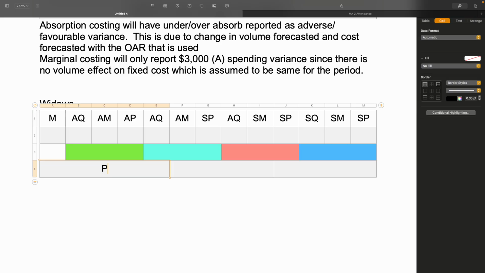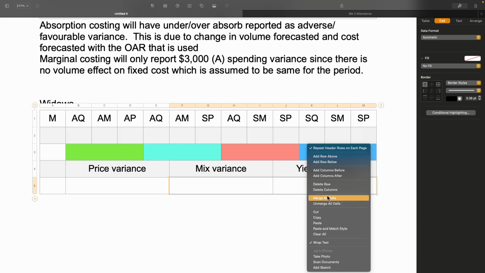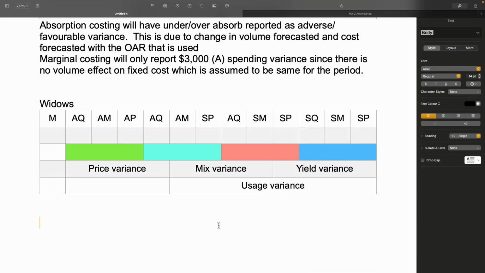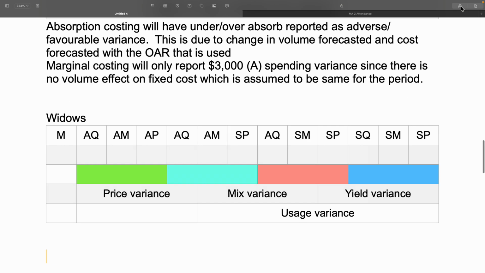So that's going to be our price variance. We combine these two, and that's going to be called usage variance. Got it?